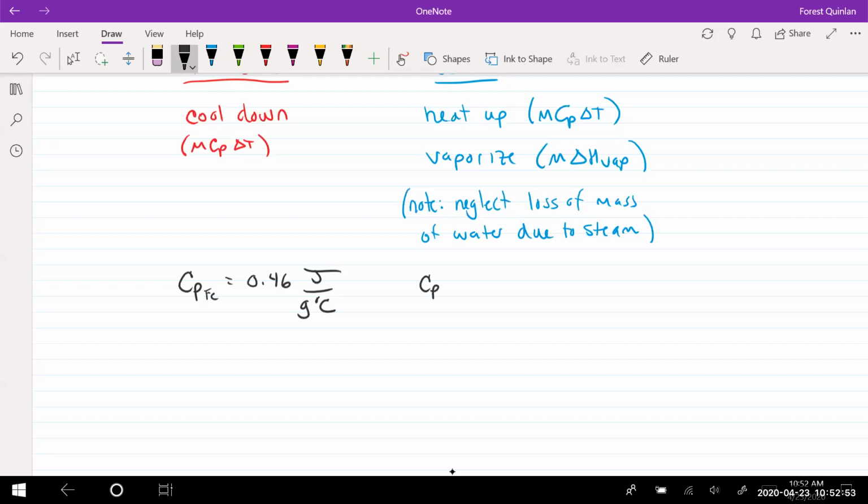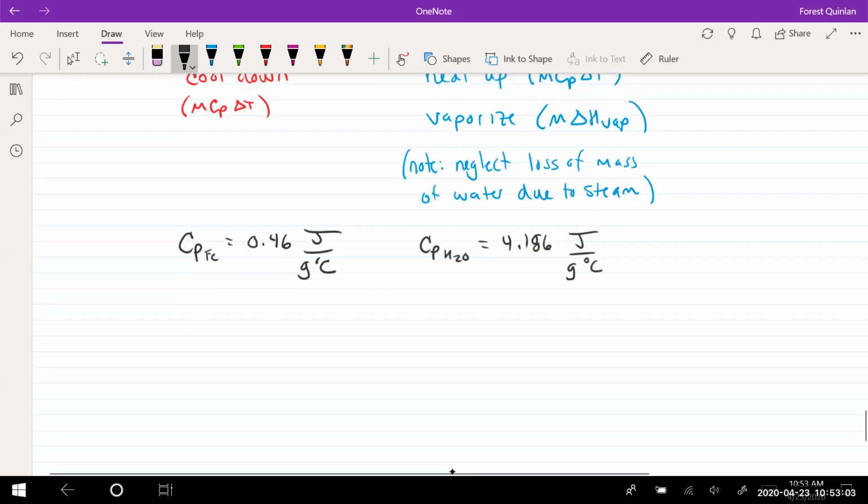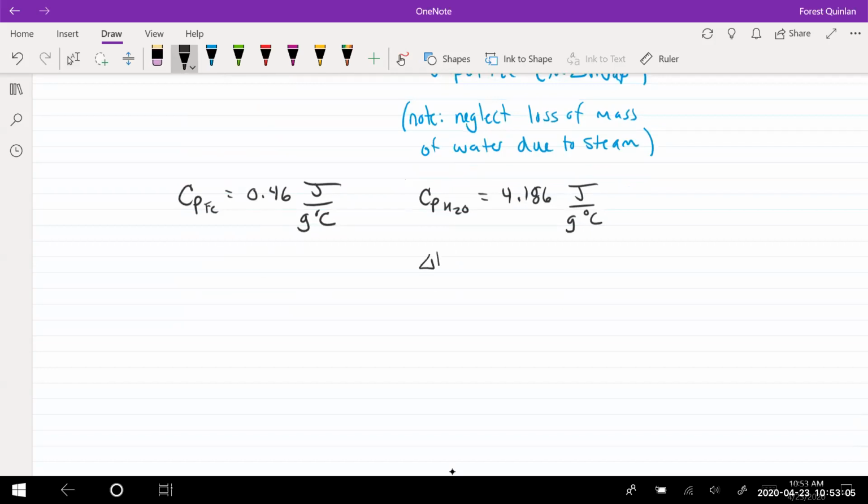The heat capacity of water is 4.186 joules per gram degree Celsius. That delta H of vaporization was 2230 joules per gram. Is there anything else you want to know?